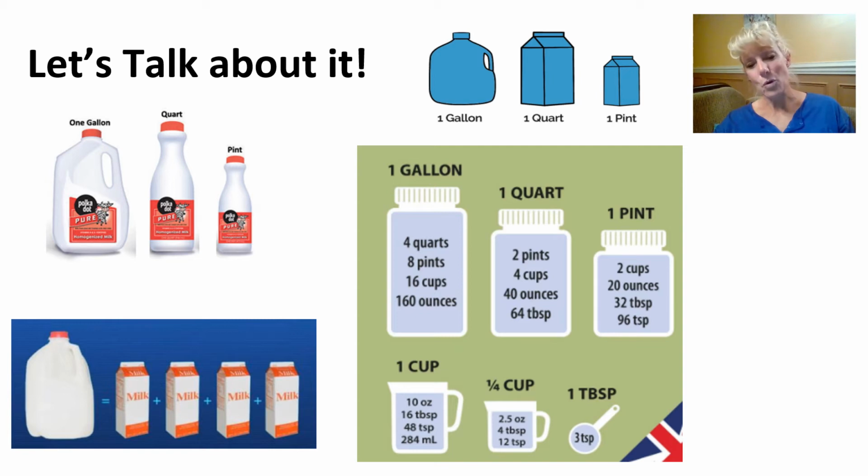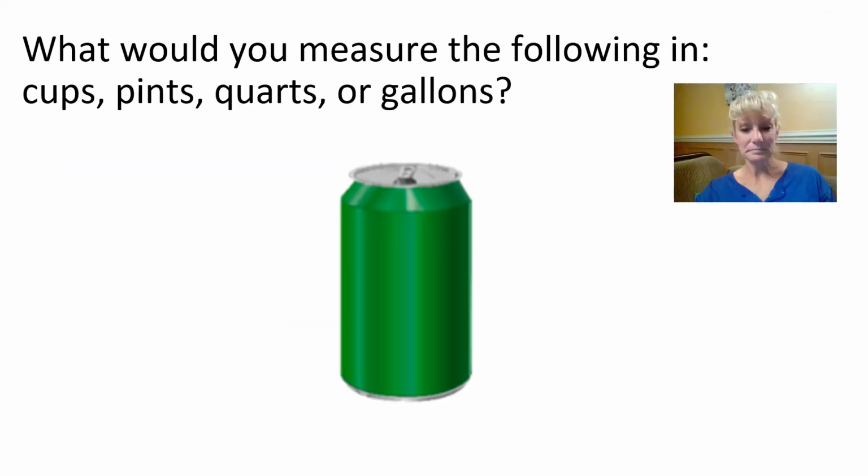You can see the 4 quarts, 8 pints, 16 cups, and it even tells you how many ounces, because there's about 8 ounces in a cup. You can see our quart has 2 pints, 4 cups. Our pint has 2 cups.